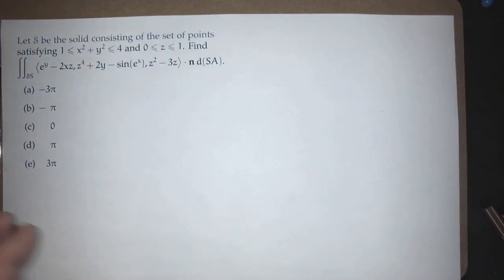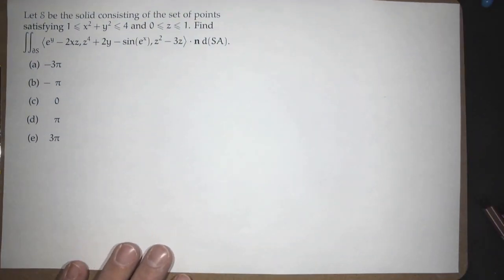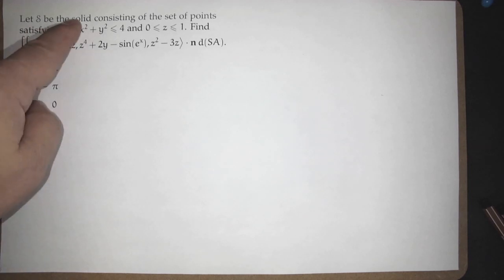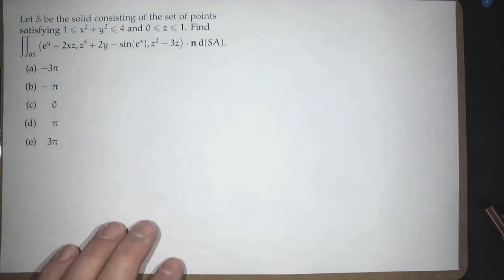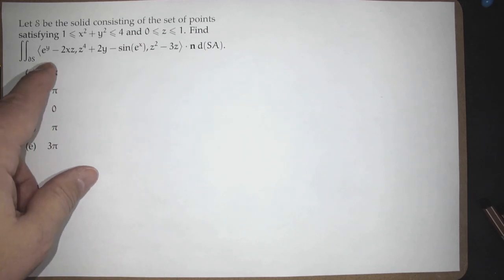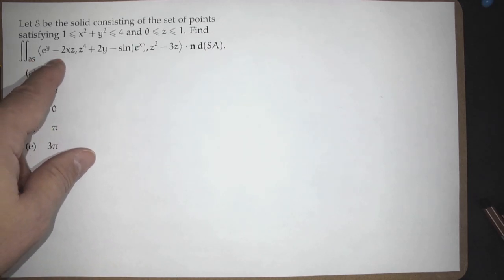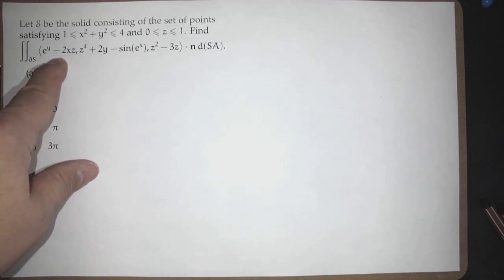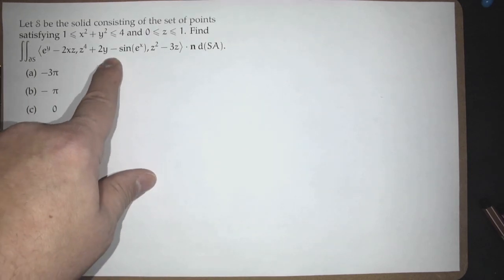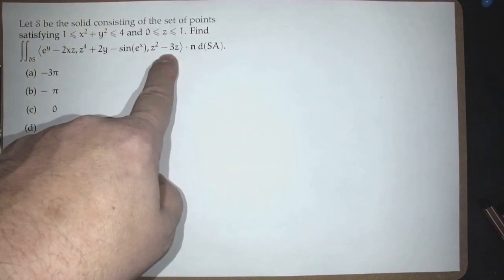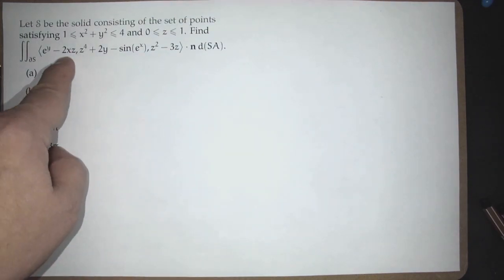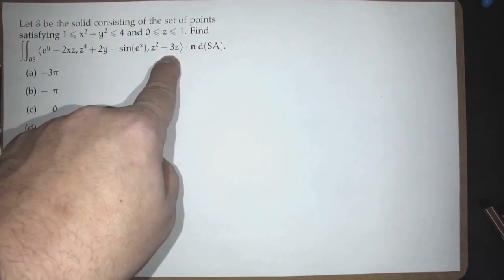Okay, suppose you see a problem like this. You see the word solid, you see the dot n integral, you know it's divergence. So you can, in your head, quickly, let's compute the divergence. What's this derivative? Negative 2z. How about here? 2. How about here? Okay, so negative 2z plus 2, 2z minus 3.